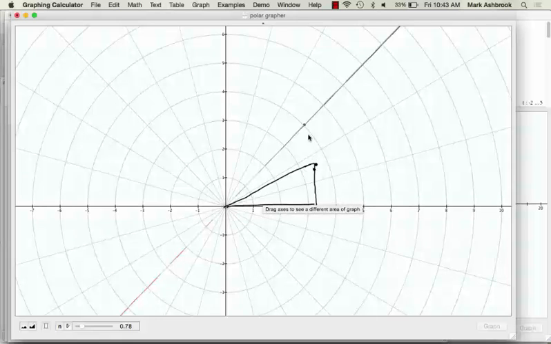Based on a right triangle, right? So this is our point r comma theta. This would be x, this would be y.